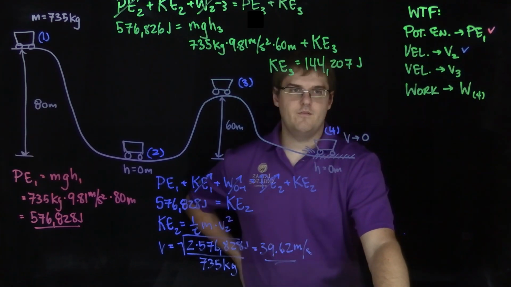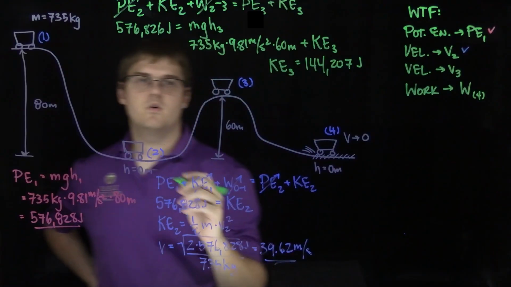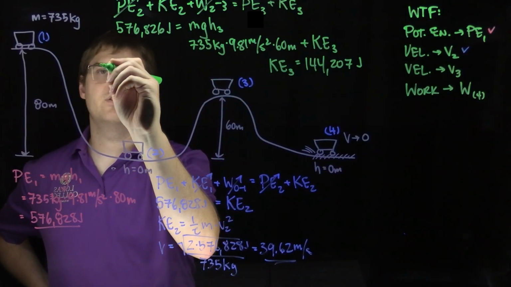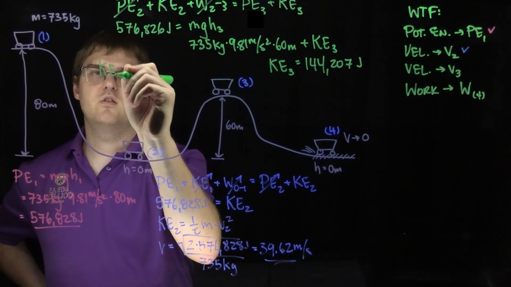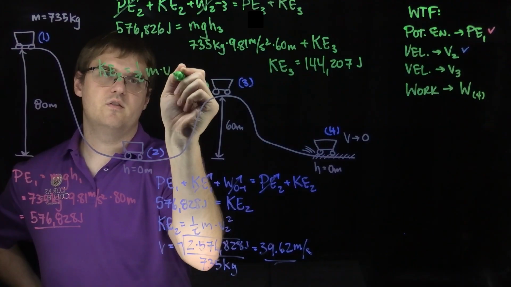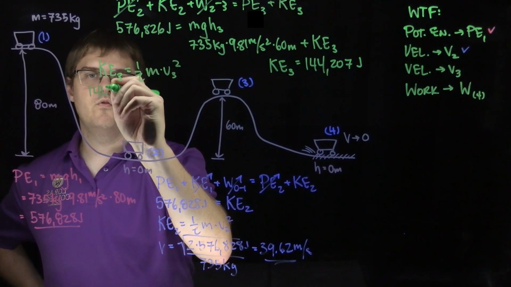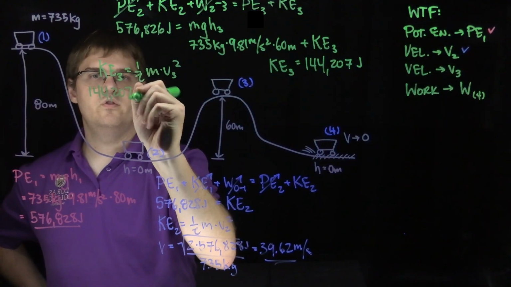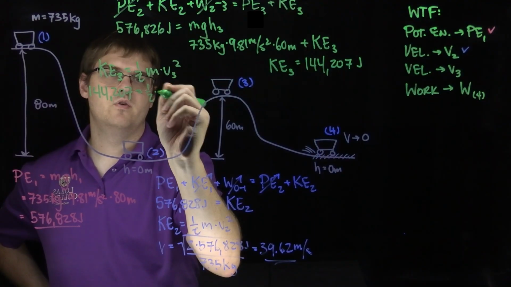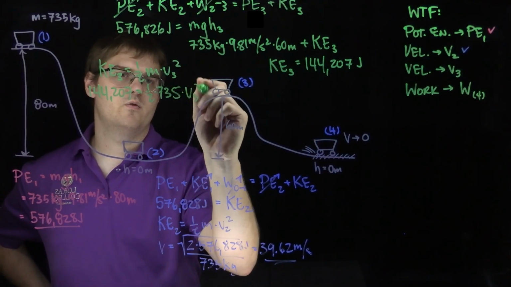And then with that value, I can find my velocity. I'm going to do it over here because I'm going to be standing in the other hole that I have for myself. Kinetic energy at 3 is equal to 1/2 mass times velocity at 3 squared. So 144,207 is equal to 1/2 times 735 times V3 squared.